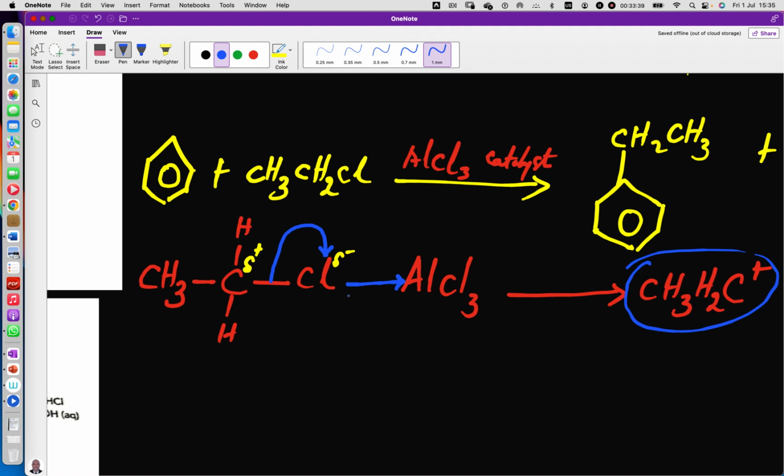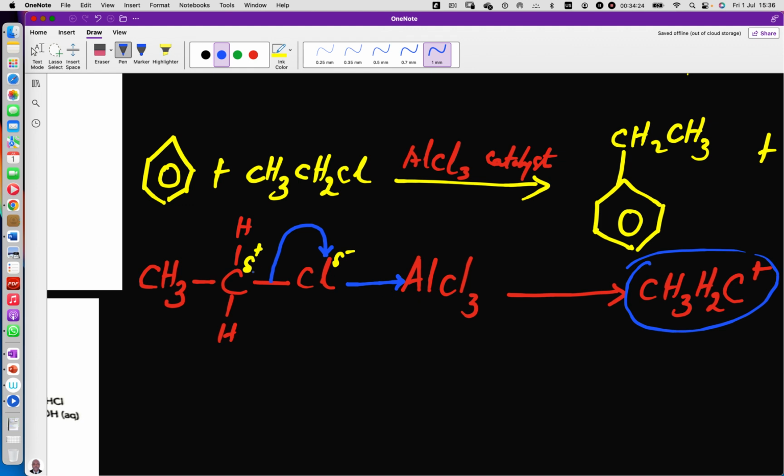And this is done by what? The chlorine will donate a lone pair of electrons into this aluminum, into the empty 3p orbital of this aluminum.